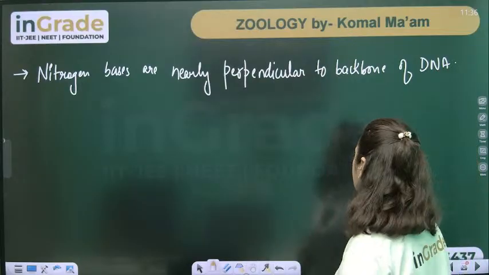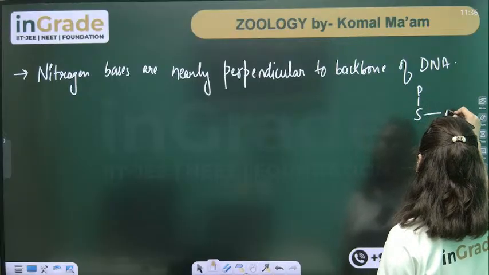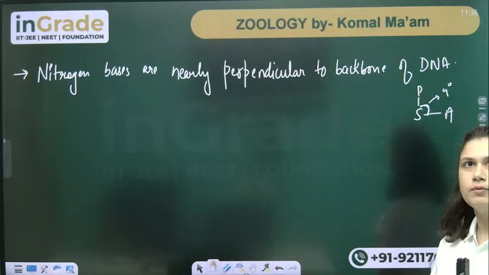Okay, for example, if we have sugar, we have phosphate here, the nitrogen bases are always at a 90-degree angle.